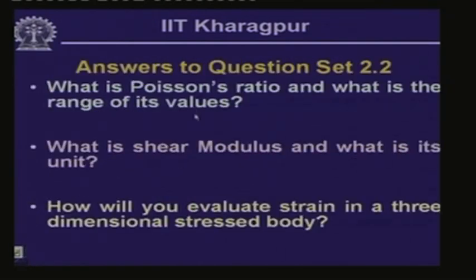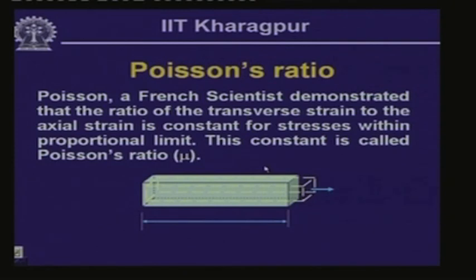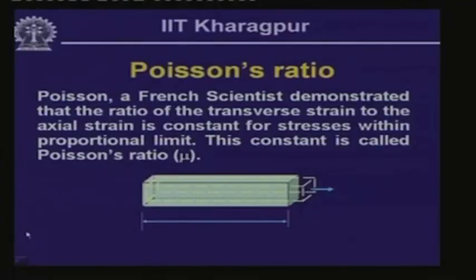Also, we had asked what is the range of its values. Poisson's ratio for different materials varies, but over a very small range of values. Generally, the values vary between 0.25 to 0.35. For some limiting materials, we get values in the range of around 0.1, or for some material we get in the range of 0.5, which is that of rubber, and in fact 0.5 is the limiting value on the other side.